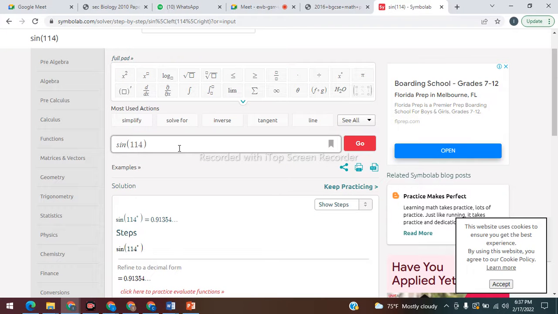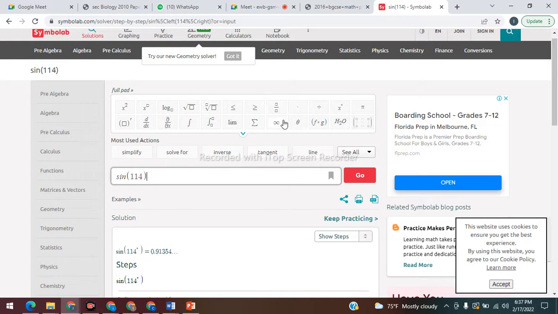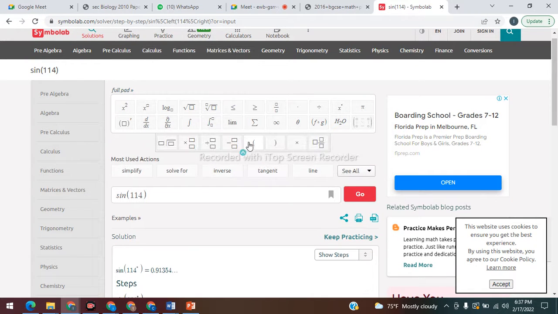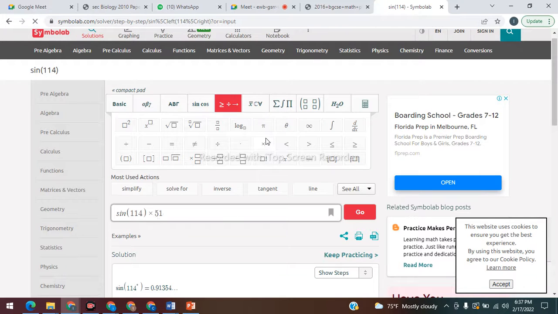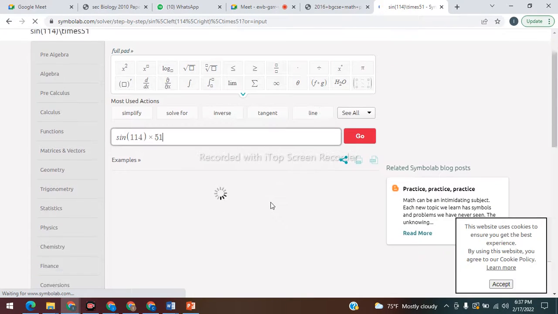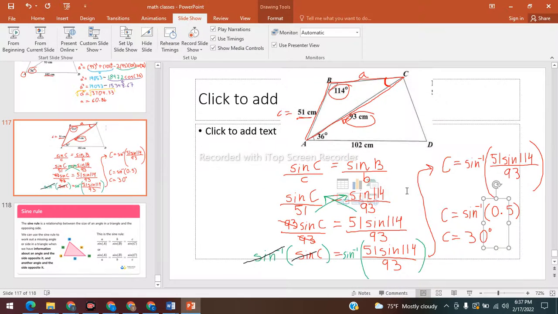When you multiply that by 51, what do you get? 46.59. Good. Now divide that by 93.